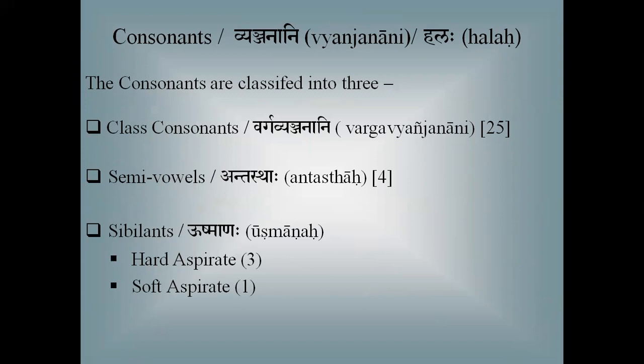What are they? We will see now. So hard aspirate. Aspirate, we know. What is aspirate? Mahaprana. And soft and hard, that we will see later. It comes later. So this is the general classification of consonants.